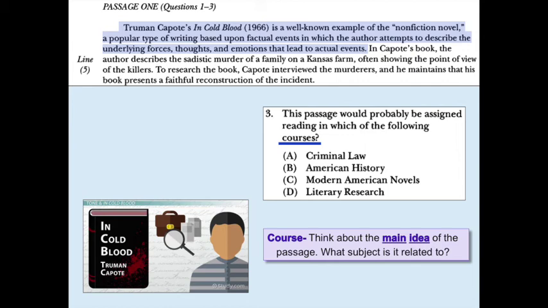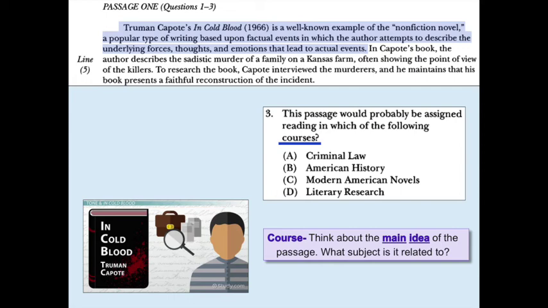So let's look at the first sentence again, because remember, the first sentence tells us about the main idea. Truman Capote's In Cold Blood is a well-known example of the nonfiction novel, a popular type of writing based on factual events in which the author attempts to describe the underlying forces, thoughts, and emotions that led to actual events.